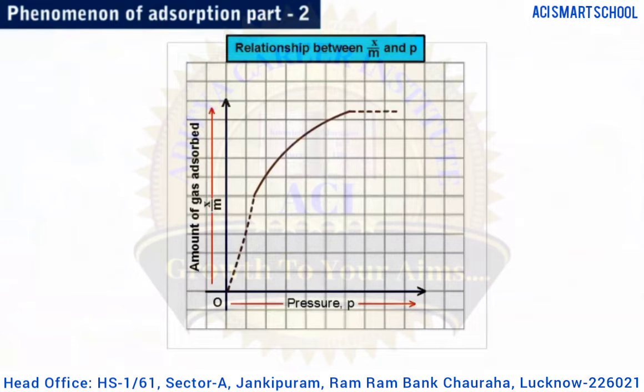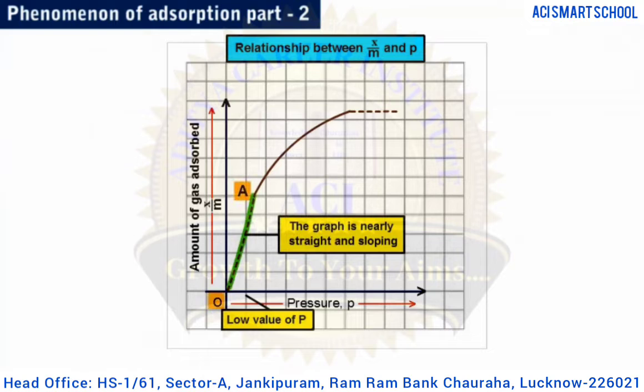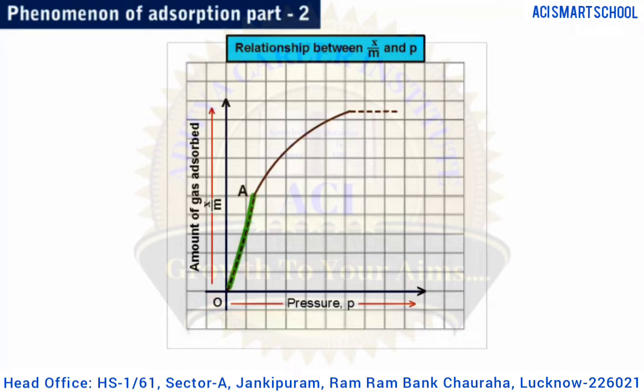If you look at the curve carefully, you will observe that at a low value of equilibrium pressure, part OA of the curve is nearly straight and sloping. Therefore, for part OA of the curve, the relationship between the pressure and the quantity adsorbed can be represented by the equation x by m is directly proportional to p to the power 1.